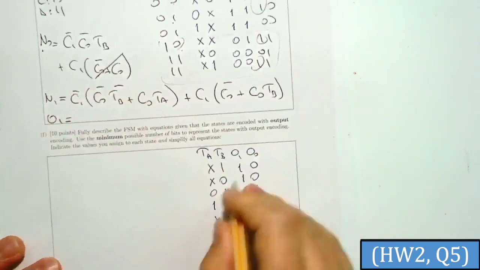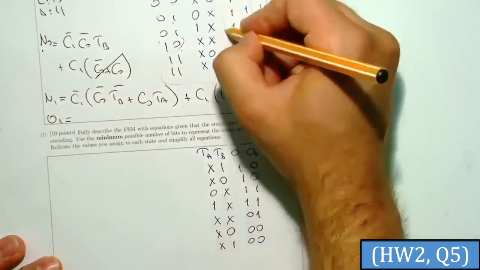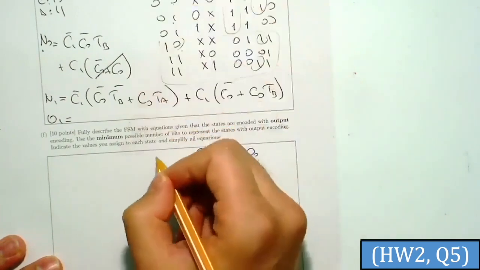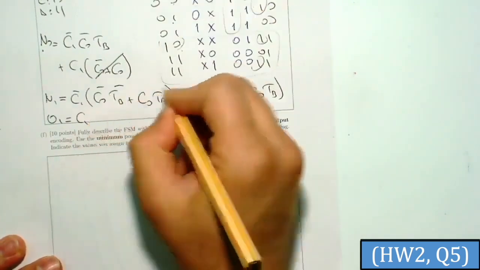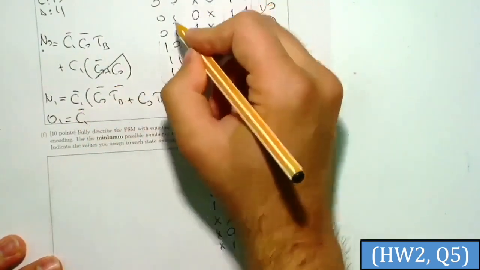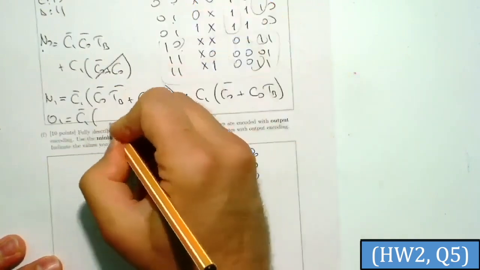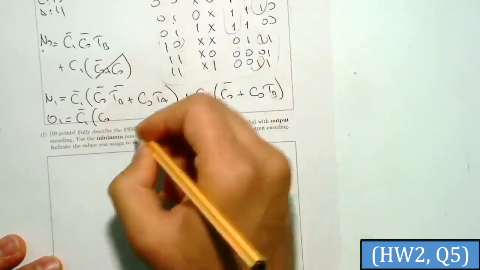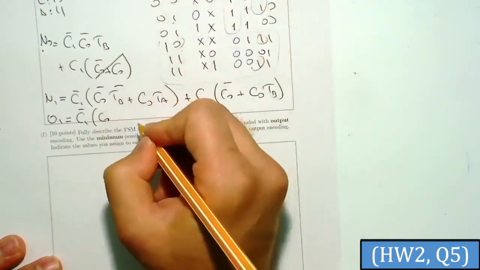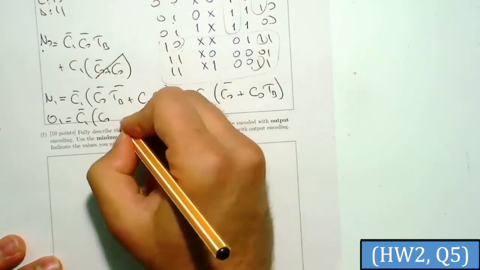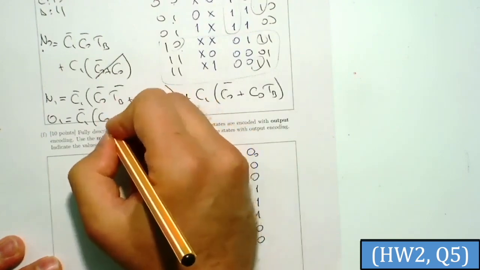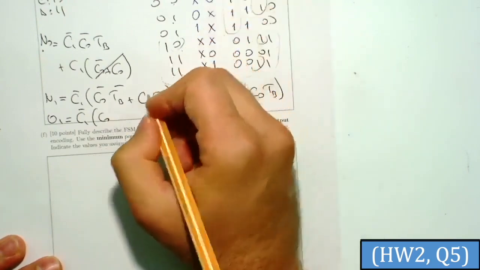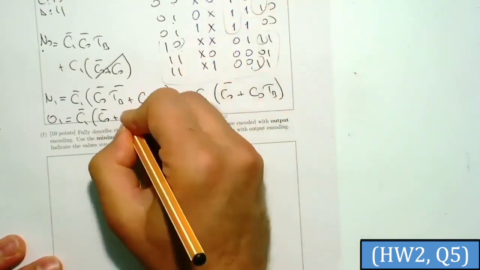For O1, I have ones here, so this means that C1 is always 0. For that one, if I have C0 not, this doesn't depend on it, I guess only C1 here. Yeah, only C1, but that's right. C0 not or C0.